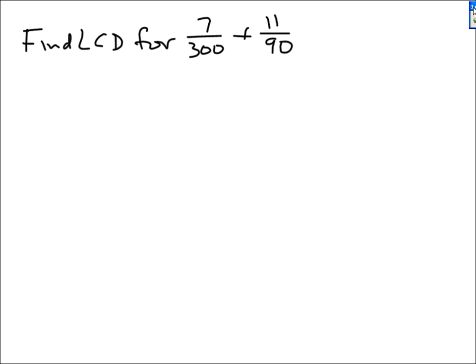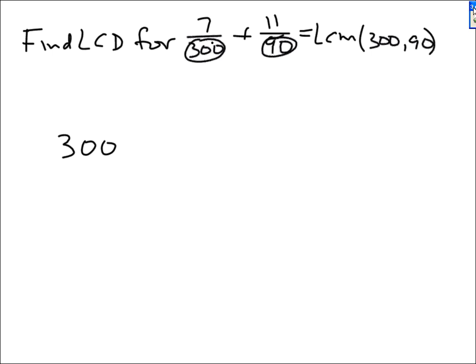Get smaller denominators. Well, this is going to equal whatever the LCM of 300 and 90 is going to be, this denominator and that denominator. We can do the times table, but I think that's going to be harder. Let's try the prime factorization method.